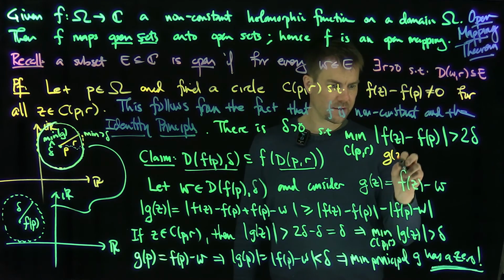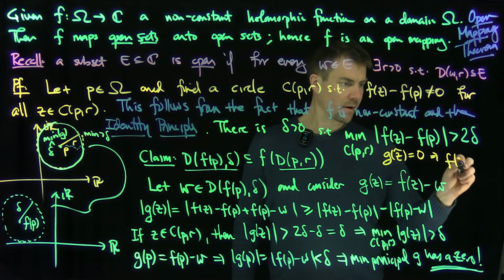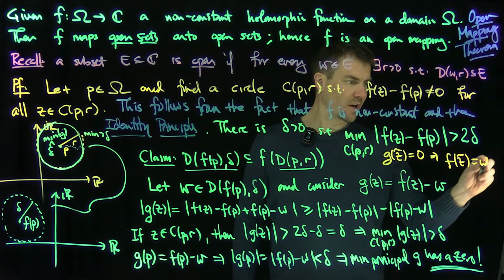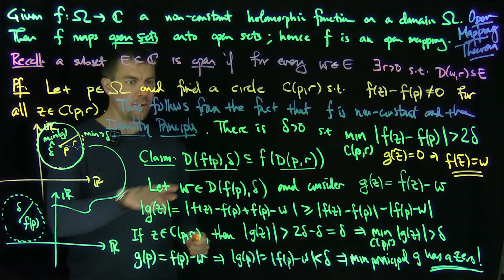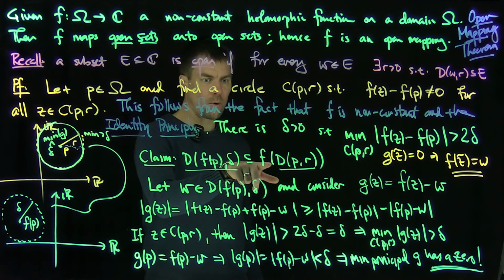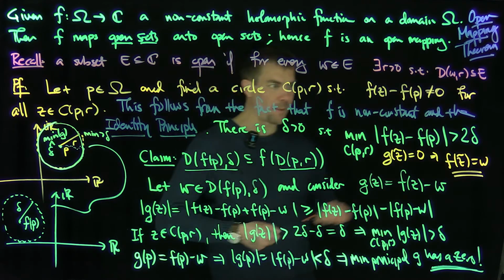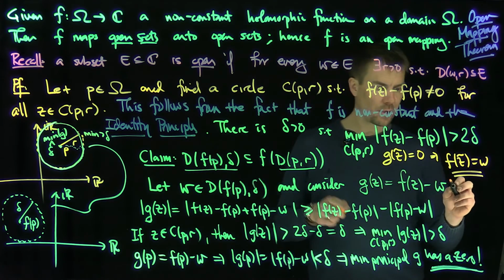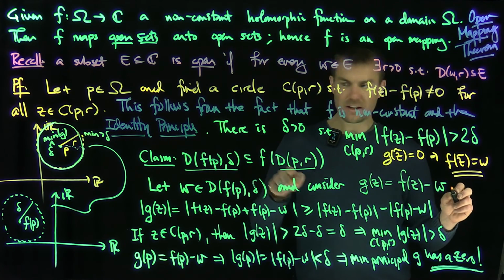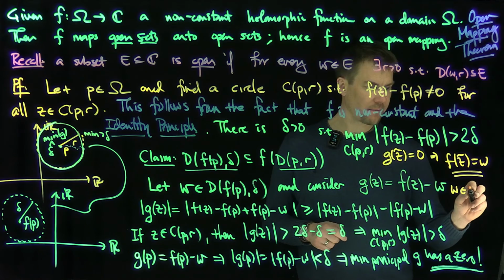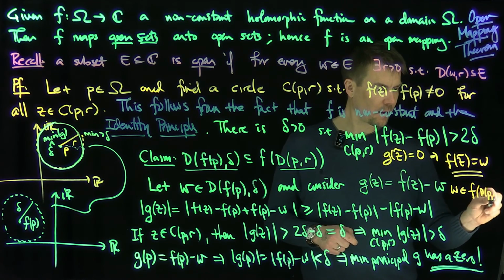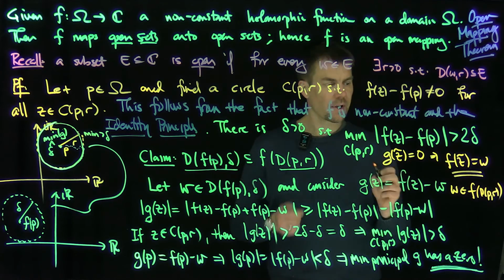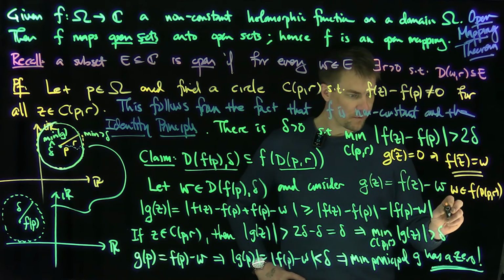Let's say g(z tilde) is equal to 0, which means that f(z tilde) is equal to w. Now, what does f(z tilde) equals w mean? It means that you're over here in this disk. So that implies that w is in f(D(p, r)). And that proves that this is an open mapping, so the claim is proved.